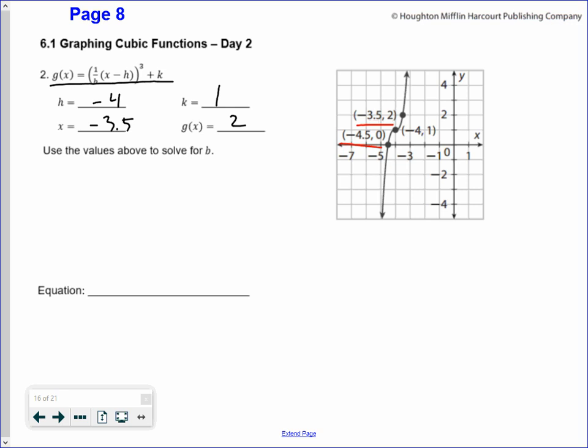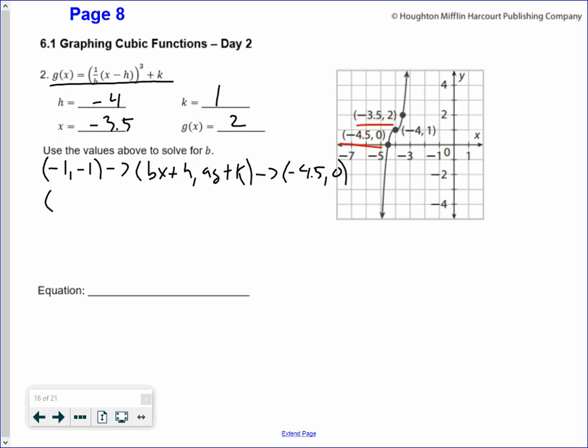For instance, when I plug negative 1, negative 1 into my transformation rule of bx plus h, comma, ay plus k, that gave me my new transformed point of negative 4.5, 0. So I plug in the reference point negative 1, negative 1, I get my transformed point negative 4.5, 0. When I put in the point 0, 0, I get the h, k of negative 4, 1.